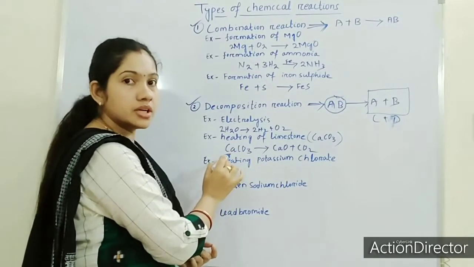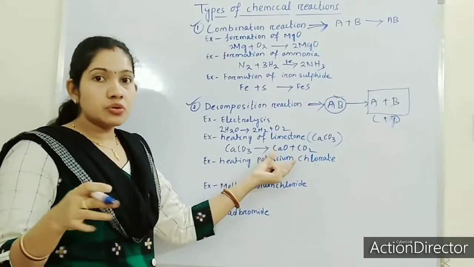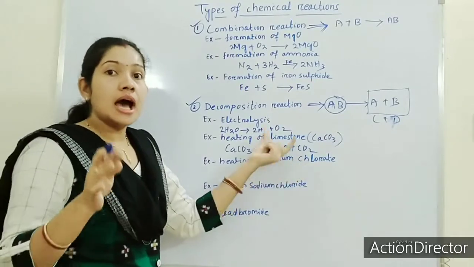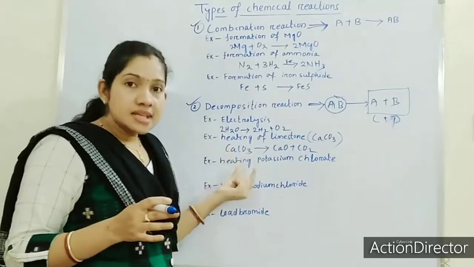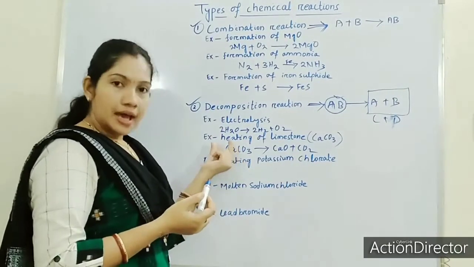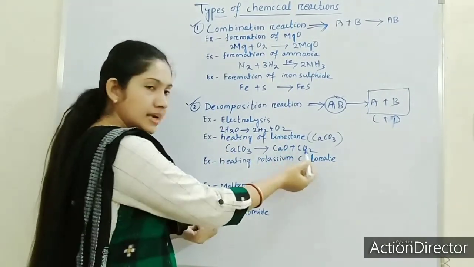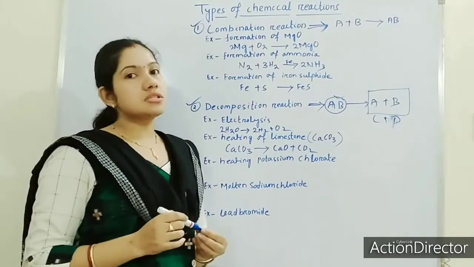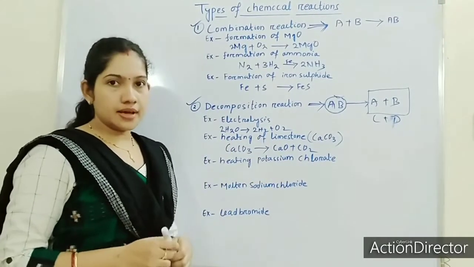They will not form any sodium and chlorine, because sodium and chlorine are not present in the reactant. So here we got calcium oxide and carbon dioxide. So this is one decomposition reaction.